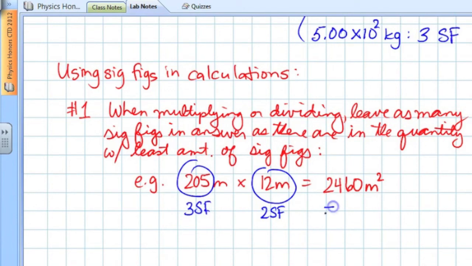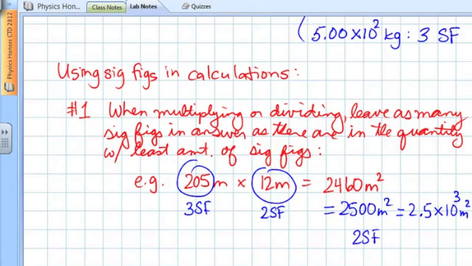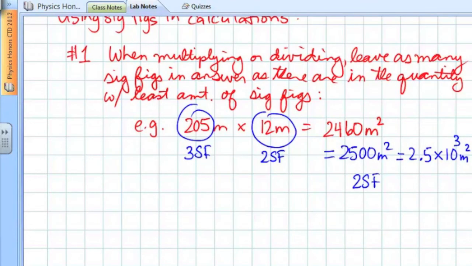So what we need to do is to round our answer to give us 2 sig figs. And the best way to do this is to write 2,500, or as we just said, 2.5 times 10 to the third meters squared. So that's using scientific notation. So that's rule number 1. This also works for dividing. I just gave an example for multiplying.